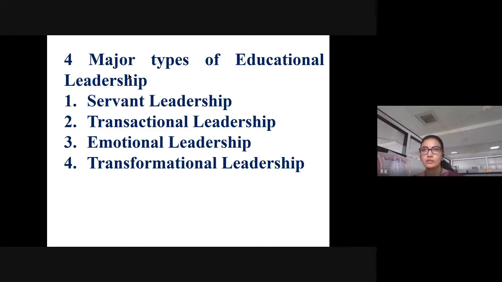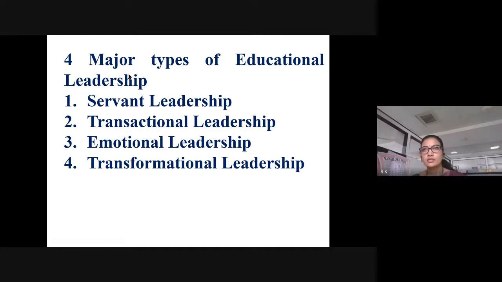So here I have identified four different leadership styles, which are really required for the field of education. That is posted here: servant leadership, transactional leadership, emotional leadership, and transformational leadership. Transactional and transformational, I think you must have a little idea. A great transformation happens in the overall organization, both as a leader and along with the students.